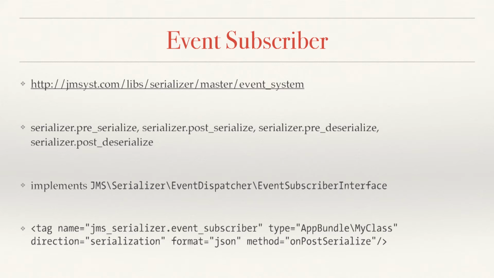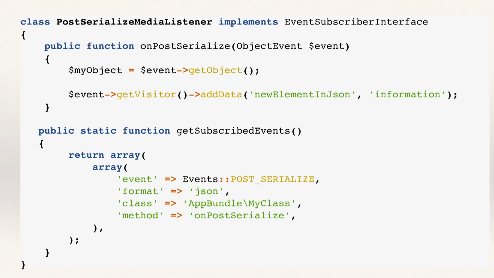And when you declare your service, you just tag it with the name, the type, the direction, the format, the method, and just implement the logic that you want in your listener. Here, on post-serialize, I put an example of adding data in your JSON.